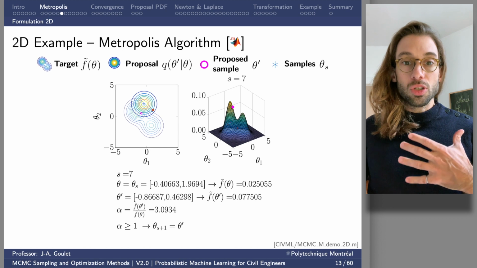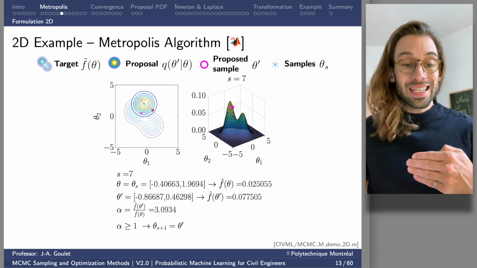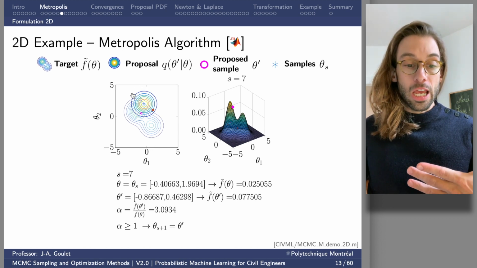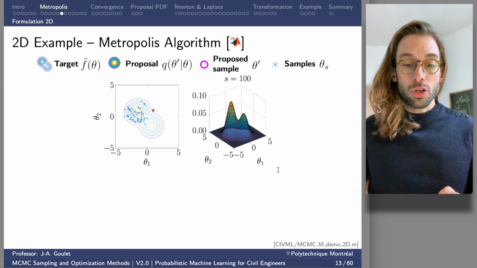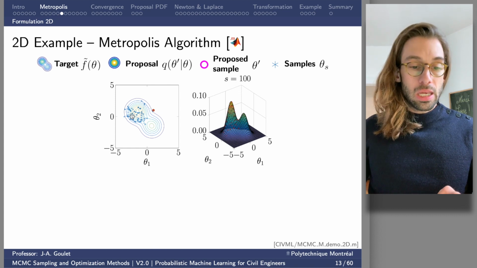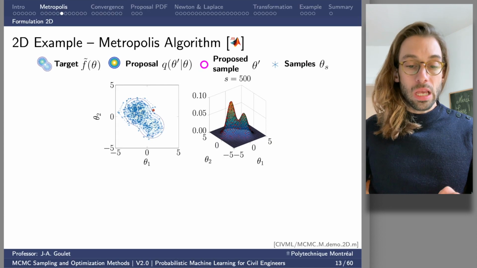So there's no difference between the 1D and 2D, except that now I'm sampling from a joint distribution for my proposal PDF. This is what we would obtain after 100 samples. You can see I haven't explored the second peak at all. I need more samples. With 500 samples, it gets a little better.